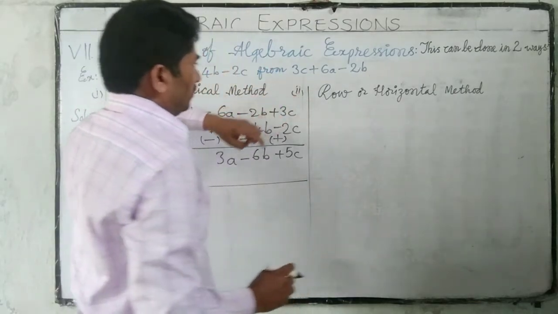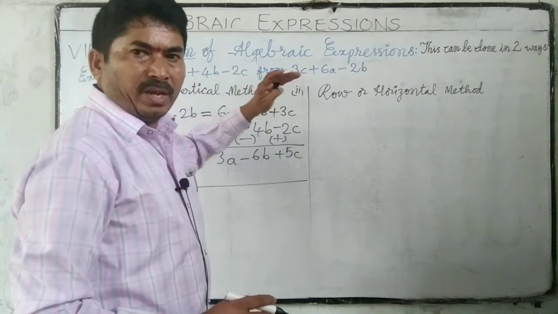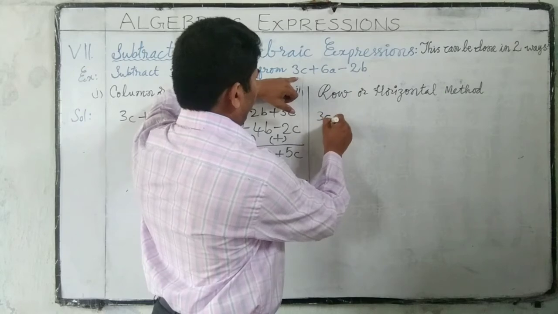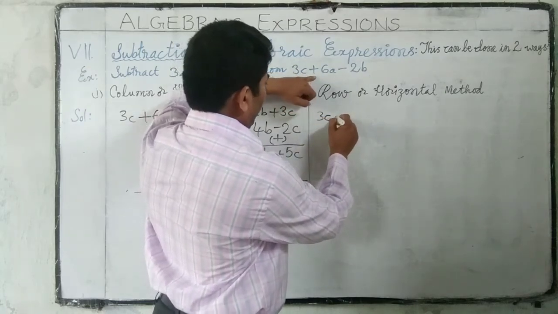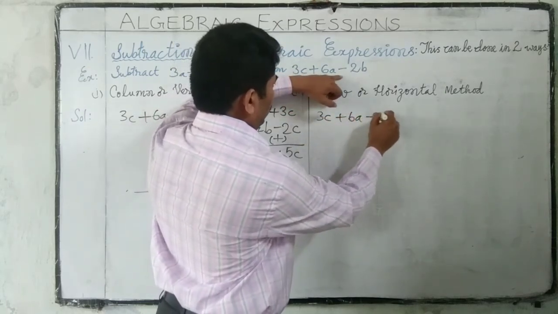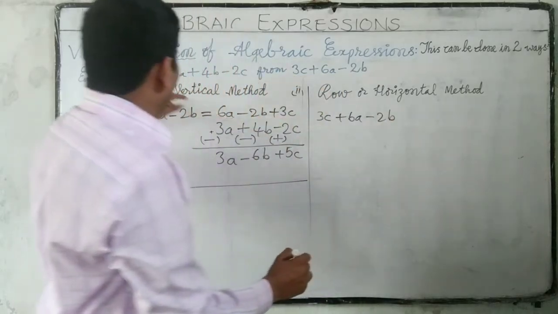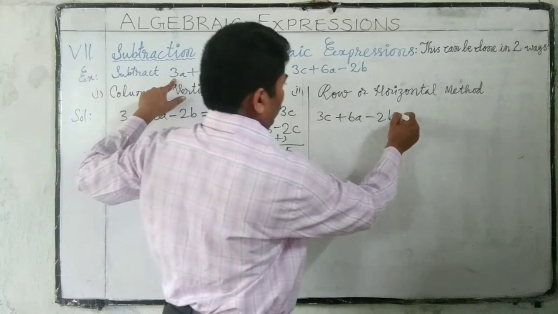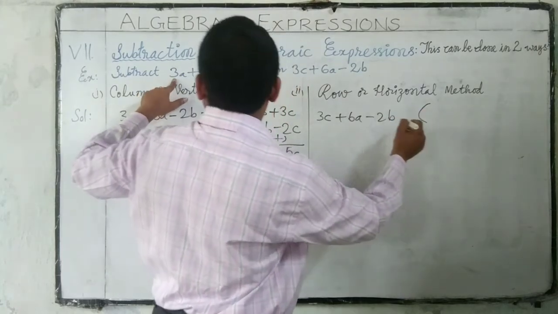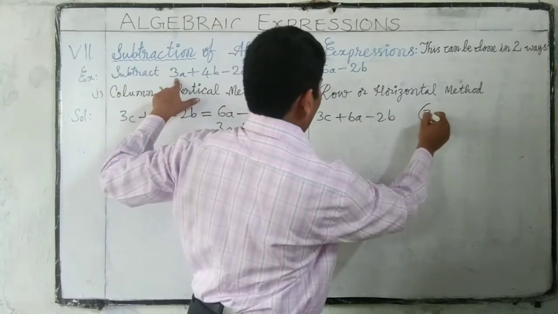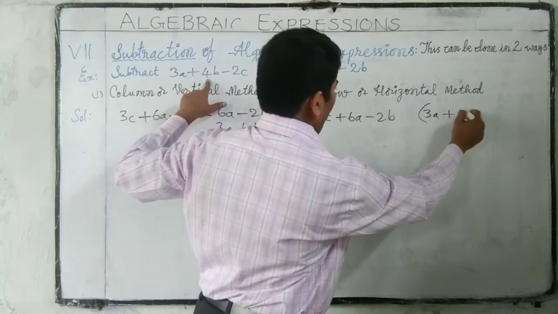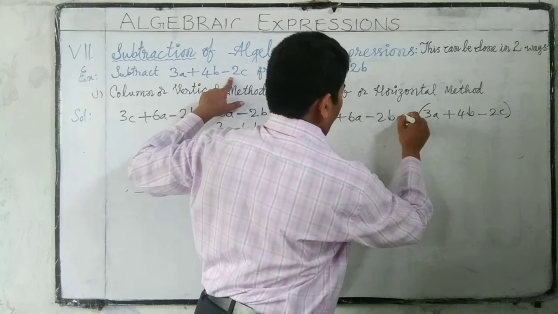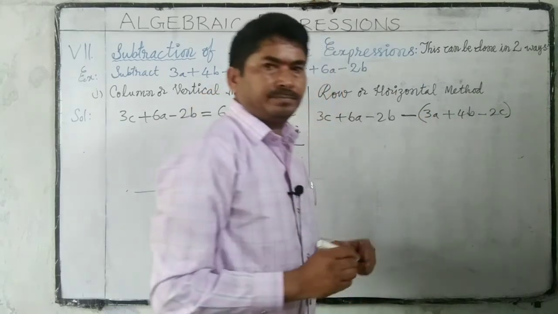No need of making standard form. 3c plus 6a minus 2b. We have to subtract this expression. We have to write this in brackets, 3a plus 4b minus 2c, assigning minus sign.